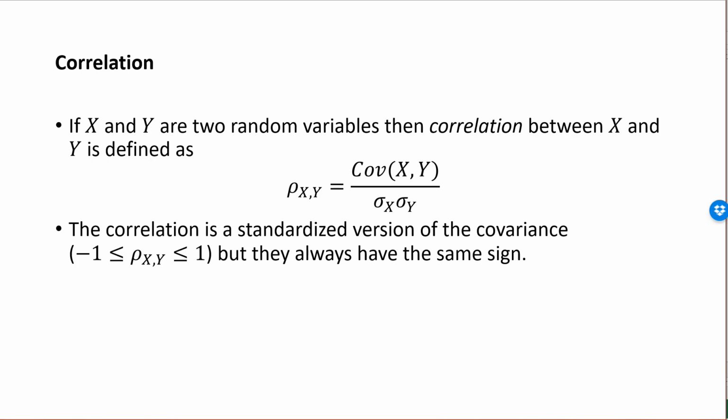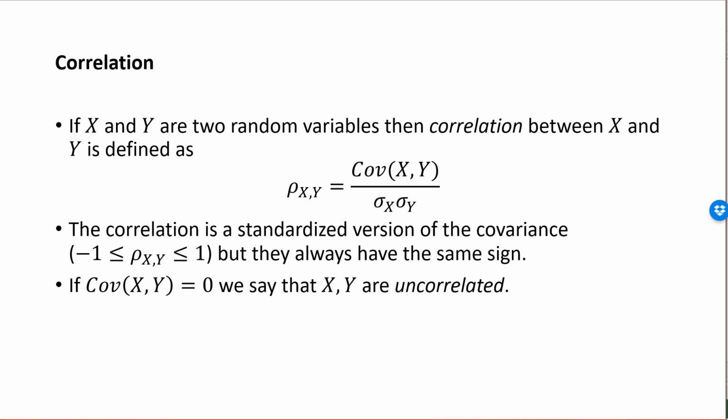They are also 0 at the same time. The covariance is 0 if and only if the correlation is 0. If that case happens, if the covariance is 0, instead of calling them uncovariated, we actually call them uncorrelated. No correlation. A concept such as uncovariated would be correct as well, but that's never used.